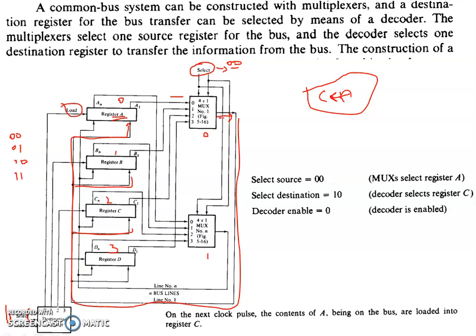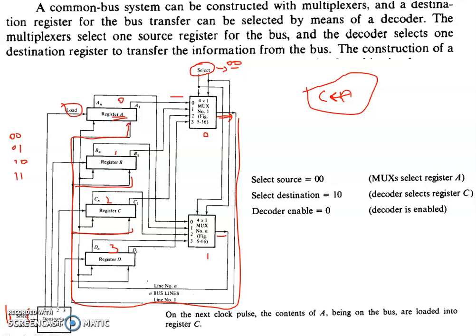The low order bit of register A will be loaded to one bus line and the high order bit of register A will be loaded to another line in the same bus. These lines are based on the number of bits.